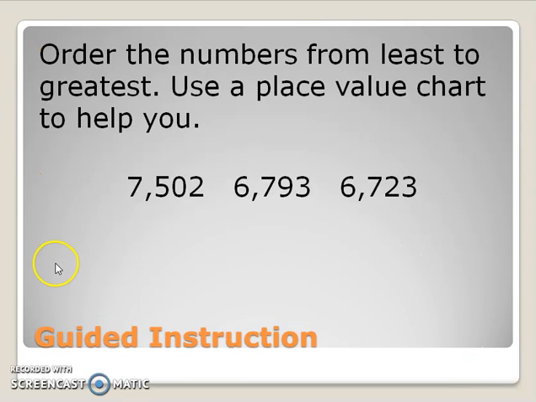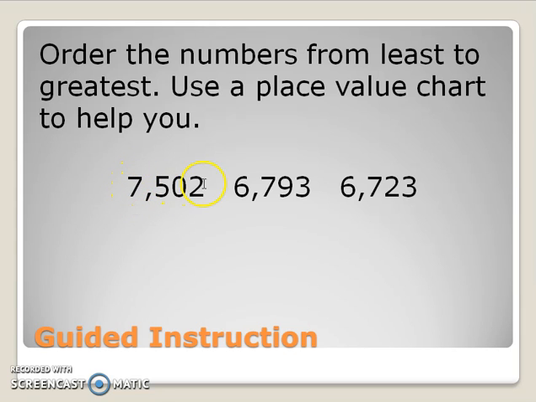Again, you're going to use the place value chart here to help you, and you can see that we're asked to order these from least to greatest. So we're looking for the least number that we're going to put first in our order, and then we're looking for the number that would go second, and then the final number. So again, we're going to look at place value.